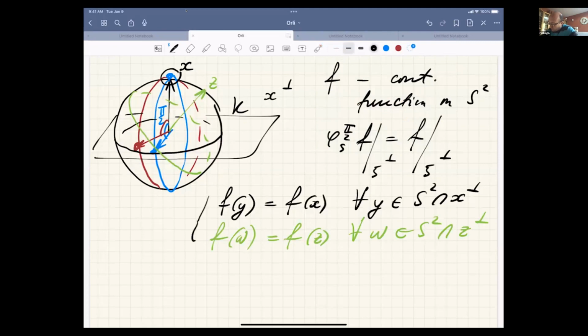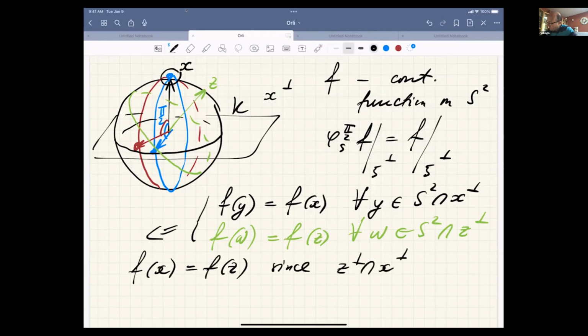From this it follows that f of x is equal to f of z, since z perp intersects x perp, the intersection is not empty. And we are done. Because we took two arbitrary points on the sphere and the value turned out to be the same, hence the function is constant.